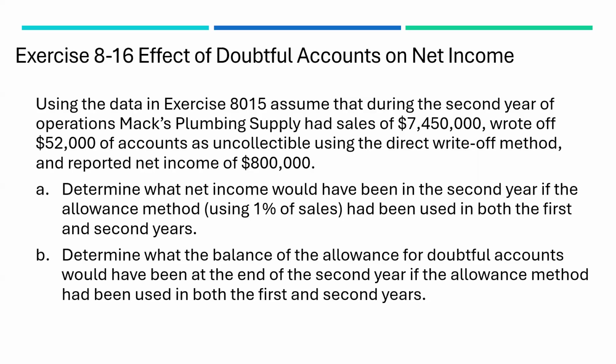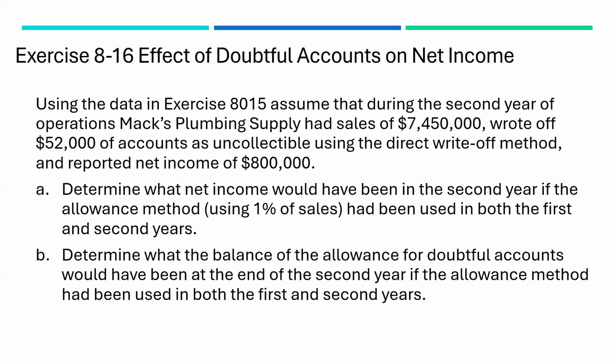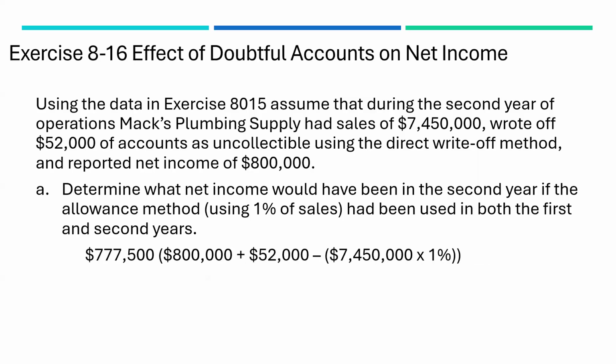In the second year, if they used the allowance method using 1% of sales in both the first and second year, this is the same problem as before. If we're using 1% of sales this year, then for our net income we'd have to add 52,000 to the 800,000 and then subtract the 74,000 that we determine under our allowance method.